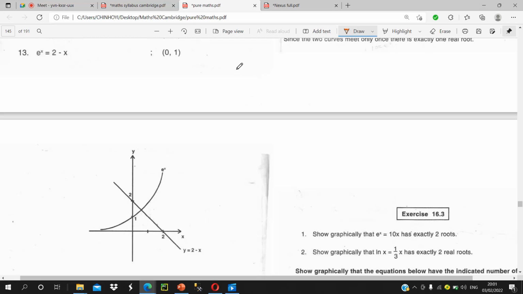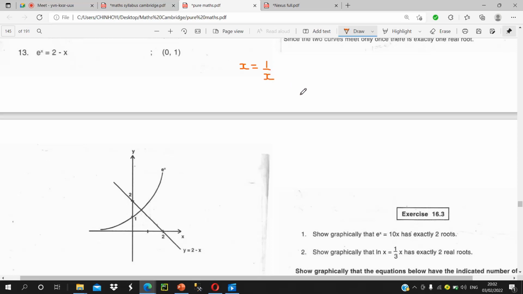Show graphically that the equation x equals 1 over x has two real roots.